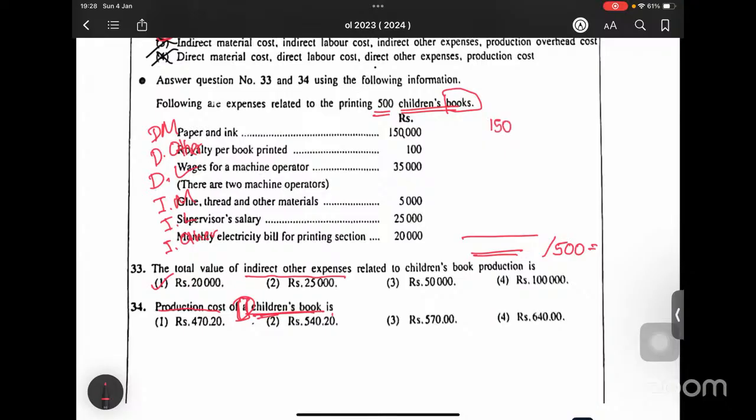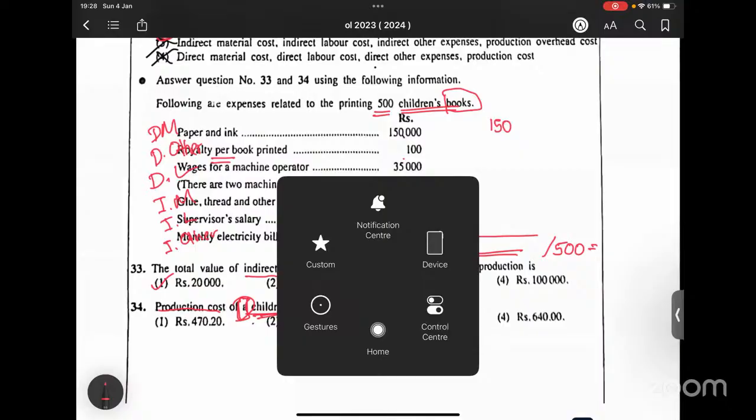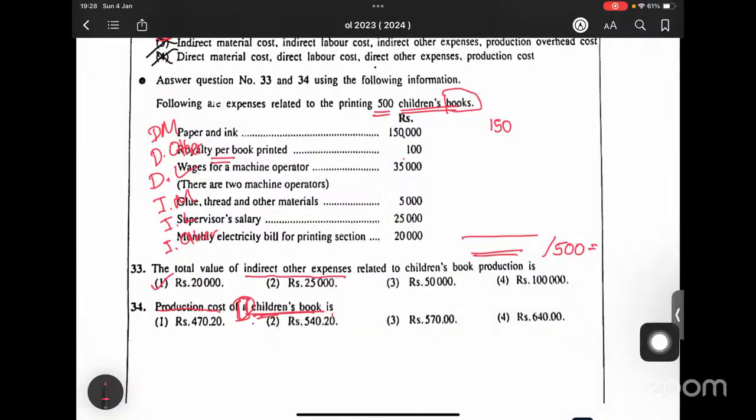150,000. Royalty per book. So here, see, per book royalty is 500. So we have to multiply 100 into 500.